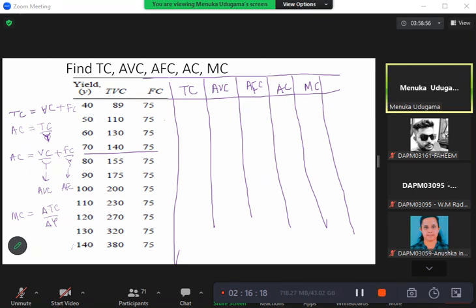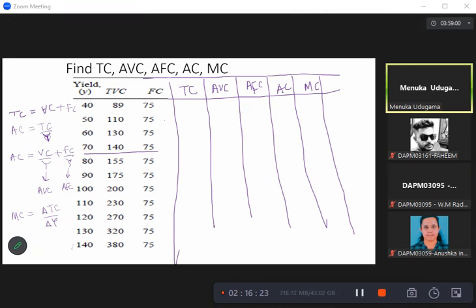Now, total cost, we said the firm's total cost is actually made up of what? The variable cost and the fixed cost, right? There's a cost that varies. Let's say the production of a unit of a crop, a bushel of a crop.